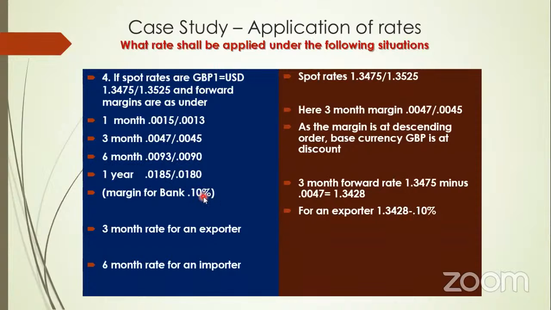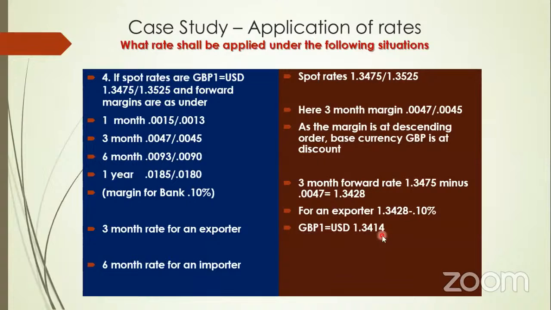They will give either 0.8 or 1.5. You look at this answer also. If you minus 0.10 from 1.3428, you will get what? You just try. 1.3428 minus 0.10 percent.